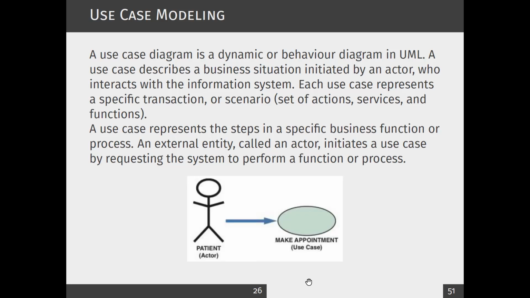The actor is what we call the external entity because it's outside of the information system. So the actor is the one who starts, or we say initiates, the use case. And that initiation means you request the system to do something. In this particular example, the patient is requesting to make an appointment. So the actor, the outsider, is requesting to make an appointment within our information system.